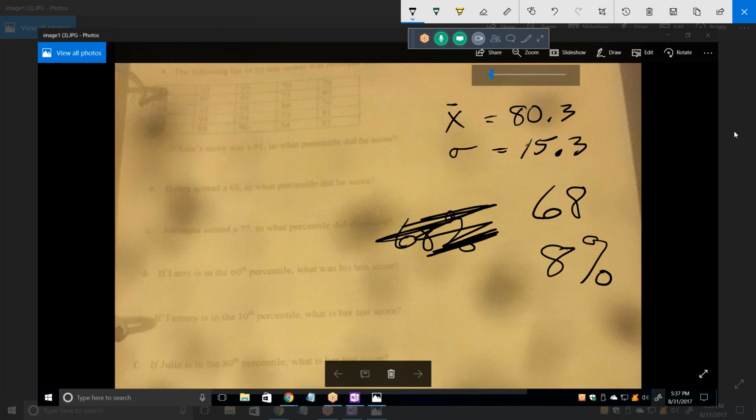All right, so question number C. She scored a 77? Yeah. Okay, I'm sure that you've got that figured out, because doing it the way you're doing it is really a pretty easy way to do it. You don't have to use the Z-score method. If we had a bigger list, in other words, having only 25 numbers is a pretty small sample.